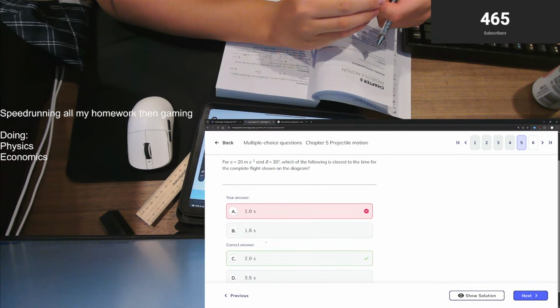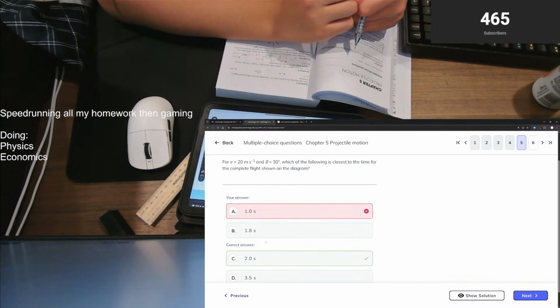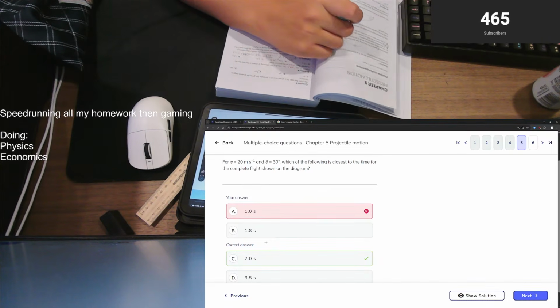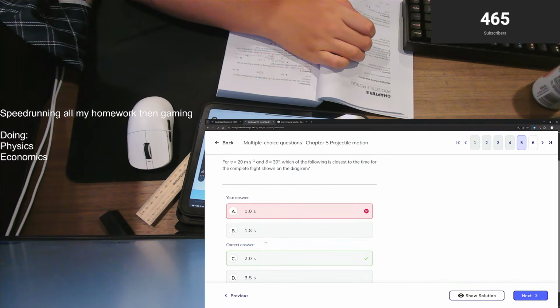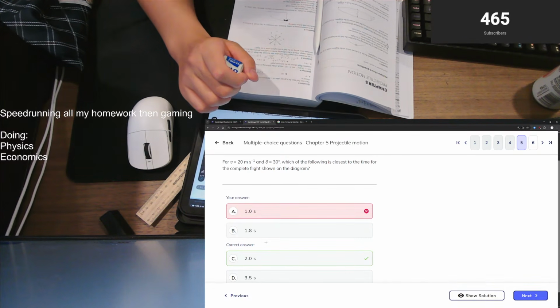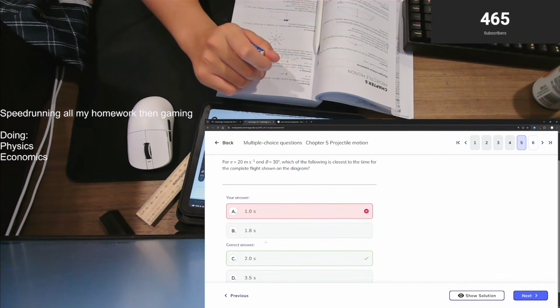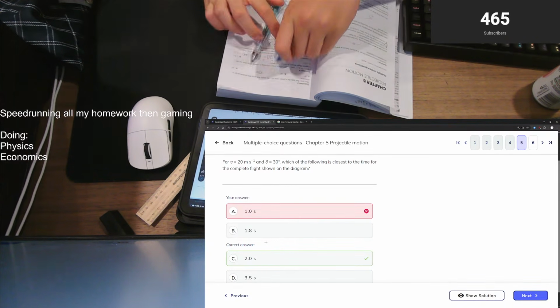Use acceleration formula, rearrange. What's the acceleration formula? They didn't tell me this. You have initial. Wait, so what's the final velocity?